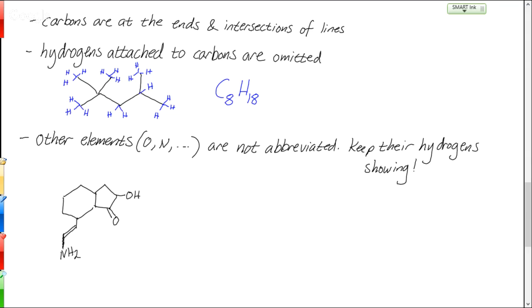So our carbons here, I'm going to number them so we can see them all. Our carbons here are going to be 1, 2, 3, 4, 5, 6, 7, 8, 9, 10, 11. Eleven carbons in this molecule.